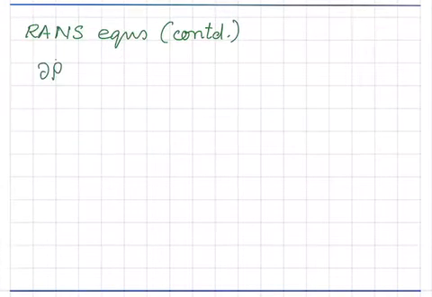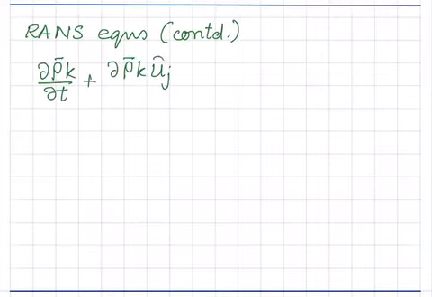The k equation has this form: d/dt of rho k. Then there is a convection term d/dx_j.